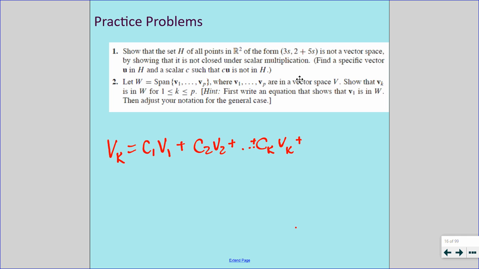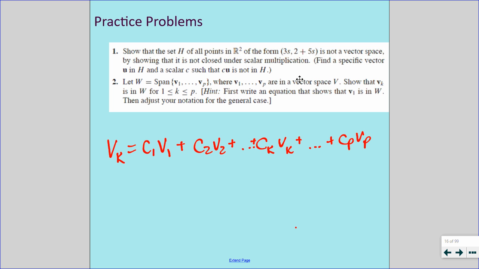I just know it is between 1 and P. And then I'm going to go to CP VP. So if our span is what defines W, the span of vectors V1 through VP, and I want to show that VK is in W, I have written VK as a linear combination of those vectors.